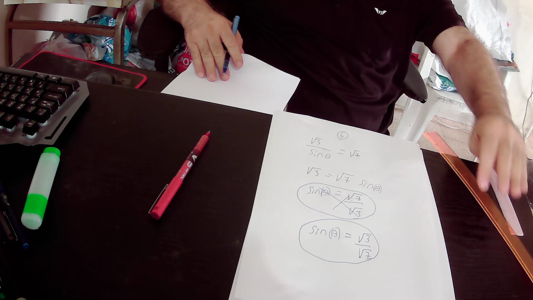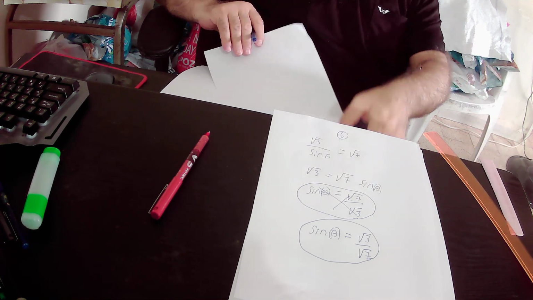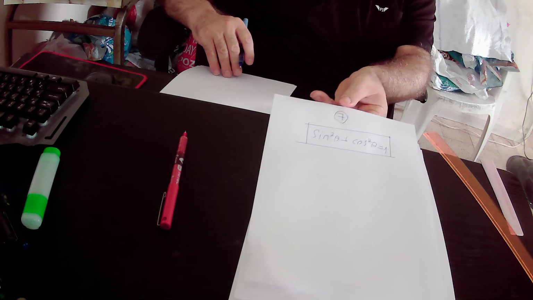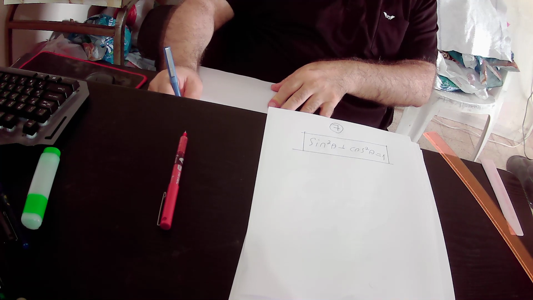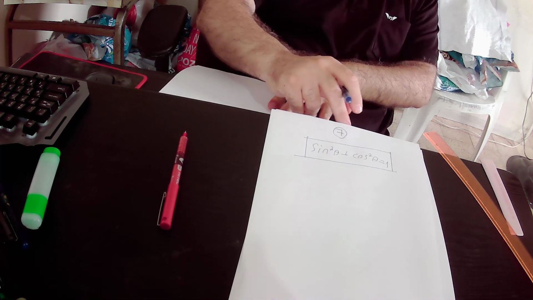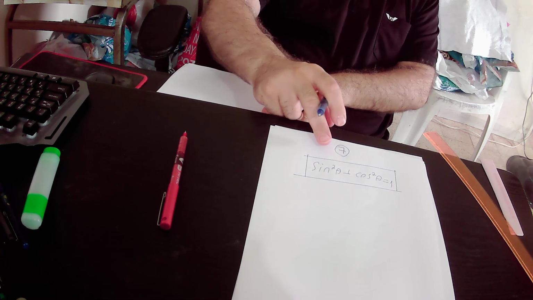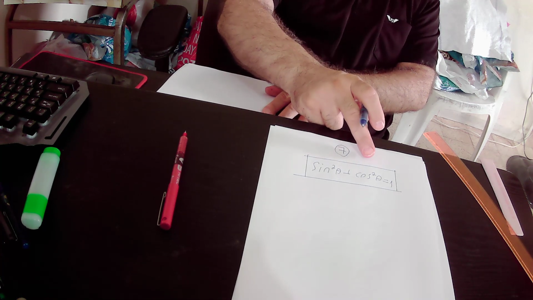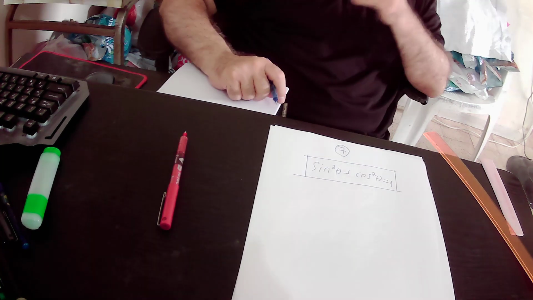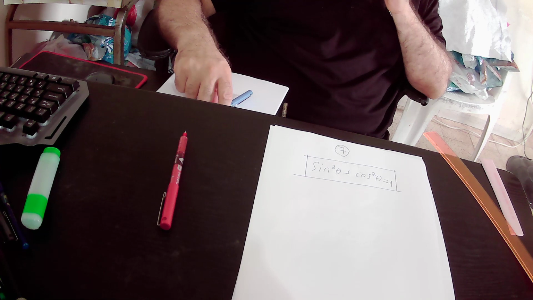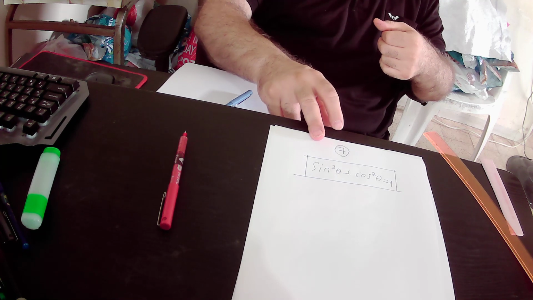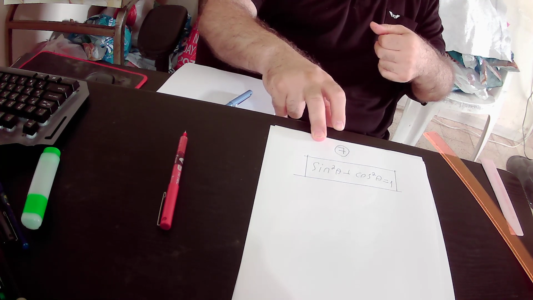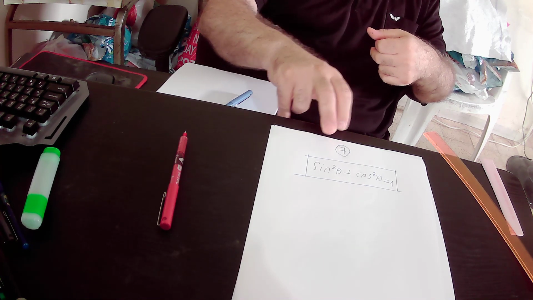So we will use the first trigonometric identity. Here, in this trigonometric identity, we can subtract sinus theta squared from both sides of the equation.